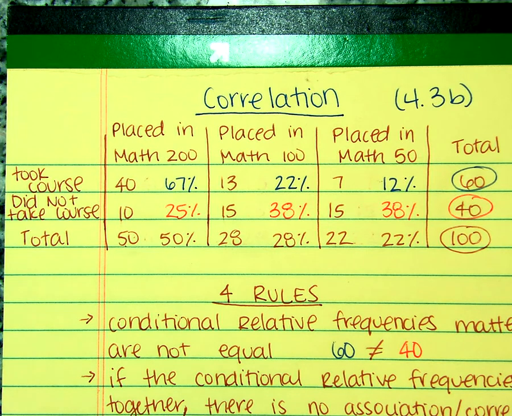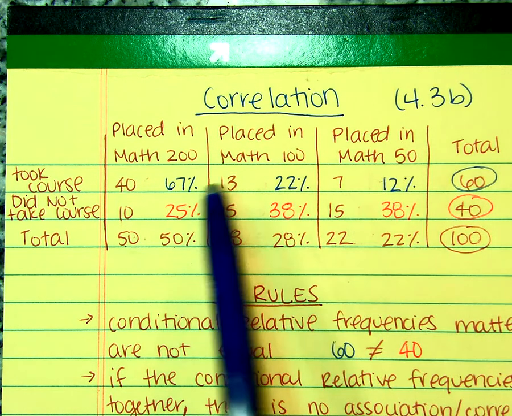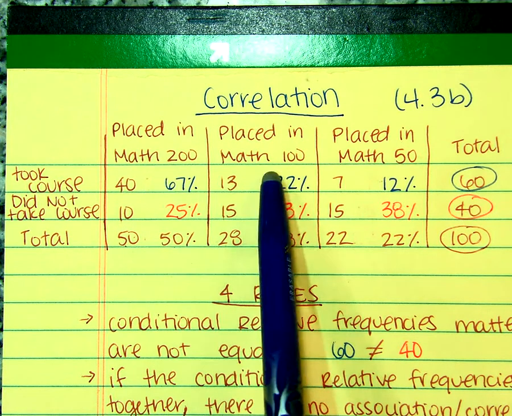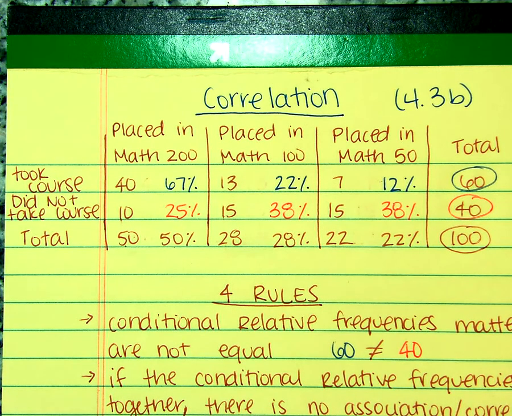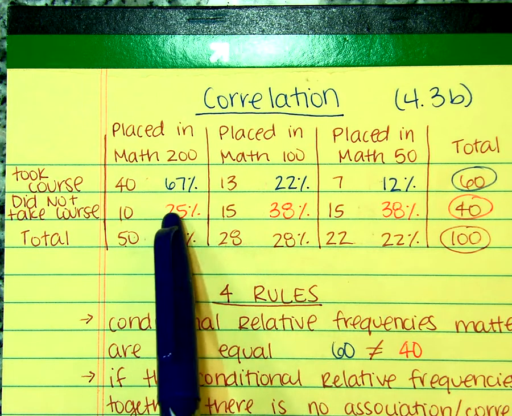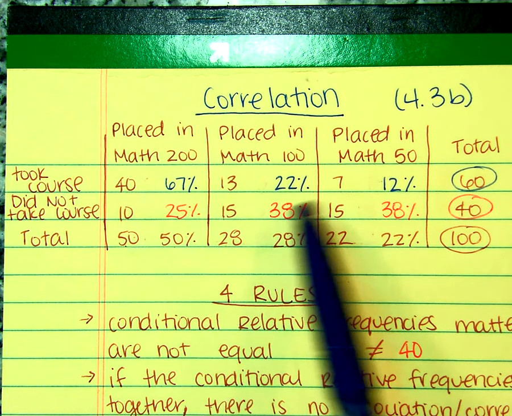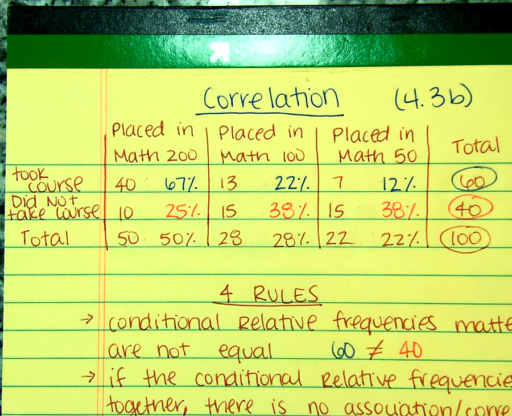So if they took the course, most of them are placed in a higher math class. So it gets higher and then it gets slowly lower. Whereas if you did not take the course, see how these numbers are trending up as they go to the right? We go from 25% to 38, and 38 stays the same. So there is a correlation.